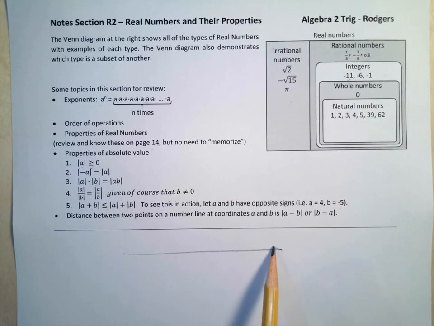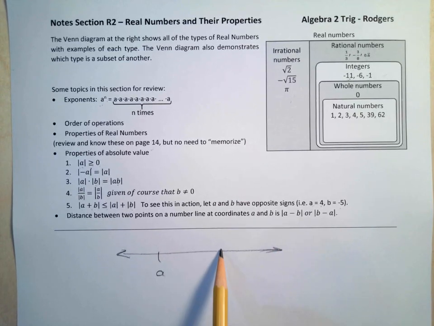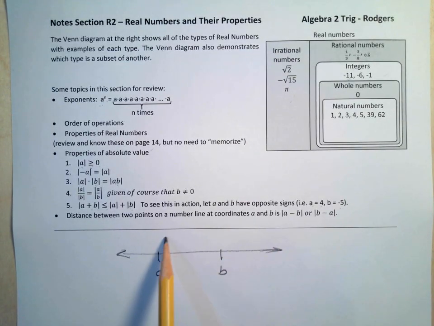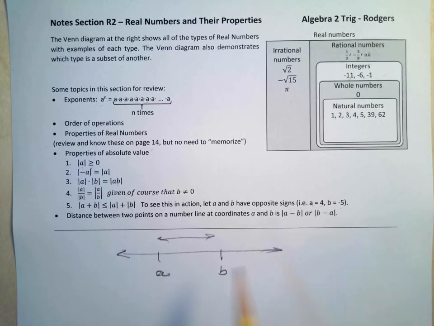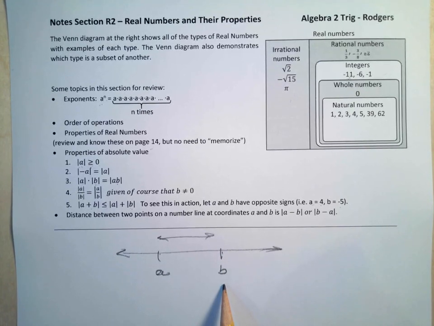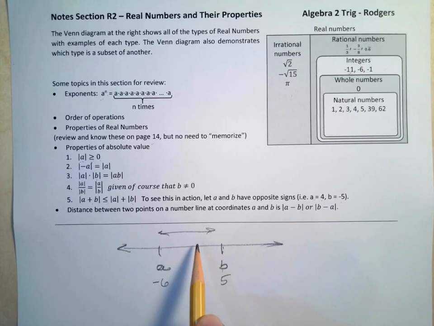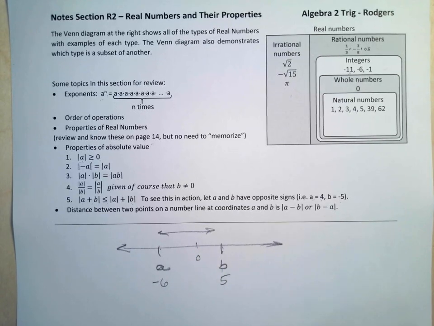So if we have a distance on a number line and we have two locations, A and B, and we want to know what is that distance between those 2 points on the number line, then we can either take A minus B and then take the absolute value, or we could take B minus A and take the absolute value. So let's just say this is -6 and this was 5. Of course, we'd have a 0 in here, right?